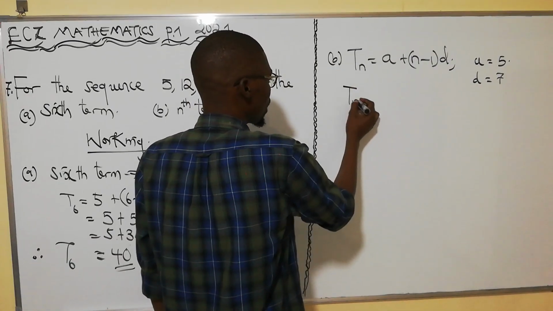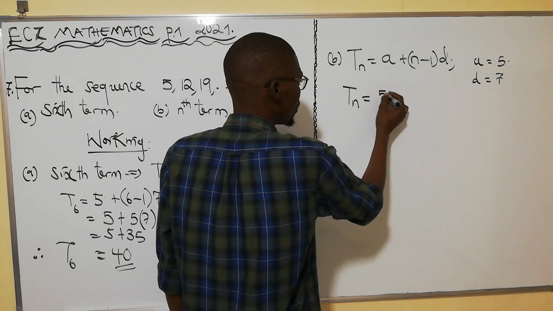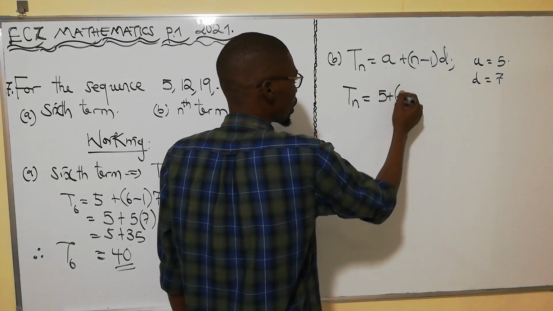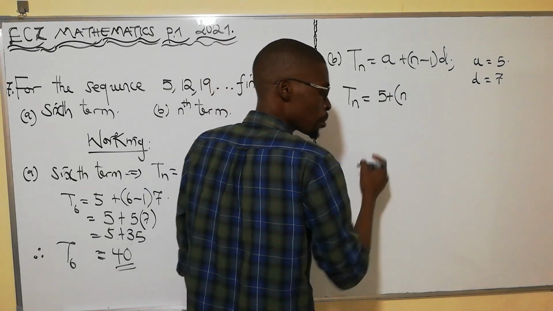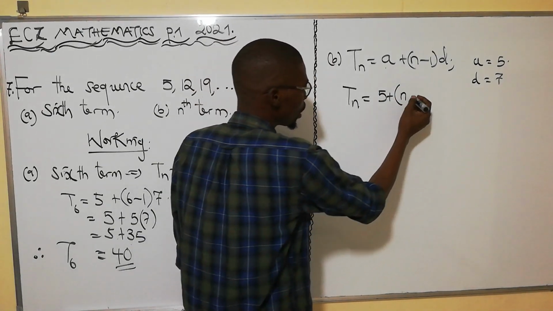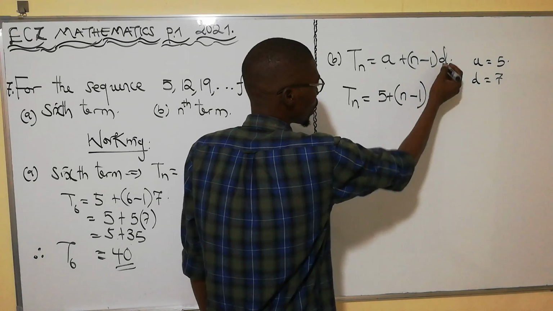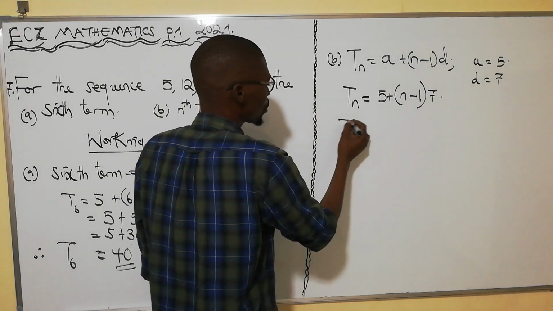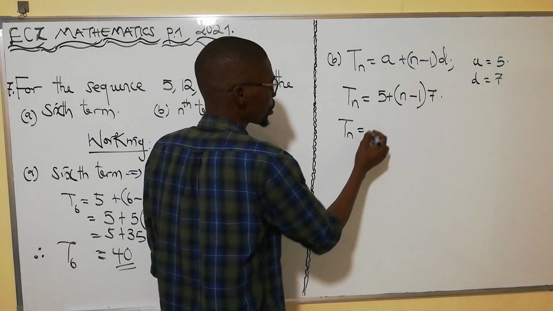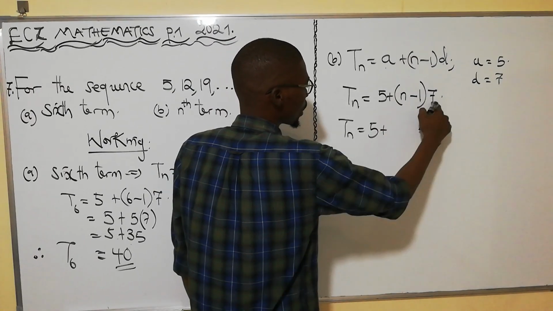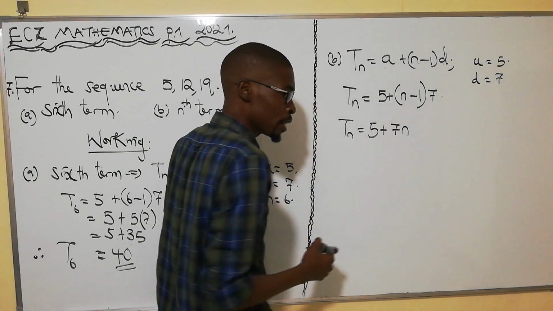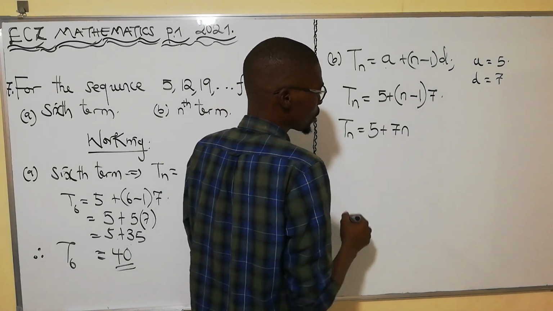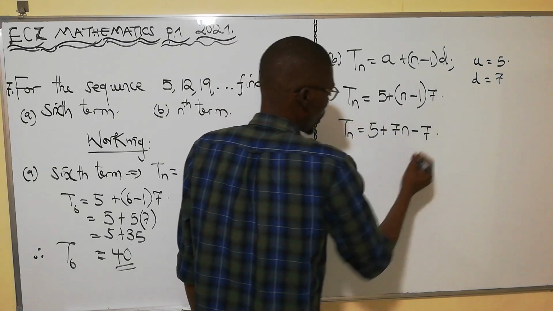It means that the nth term is going to be, our a is 5, plus n, that's the general term, minus 1, and the common difference is 7. This is going to give us the nth term being equal to 5 plus 7 times n, which gives 7n, we're expanding, and 7 times negative 1 gives negative 7.